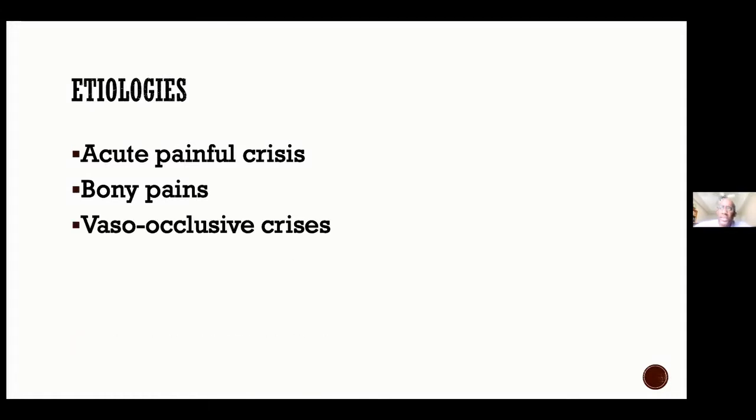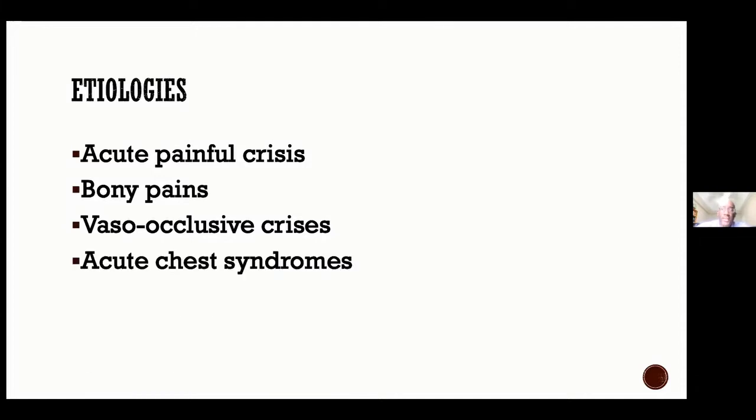Vaso-occlusive crises, just like when I described, is if there's an alteration or cessation of blood supply to any organ. This is all part of the response of the organ to lack of oxygen and thereby lack of function, and this further leads to organ death, organ demise.